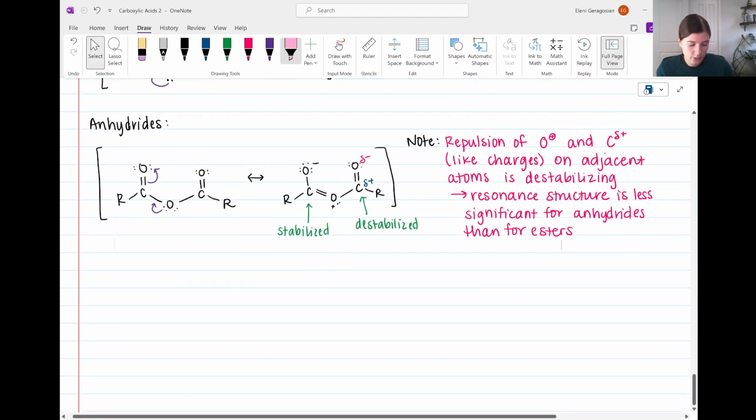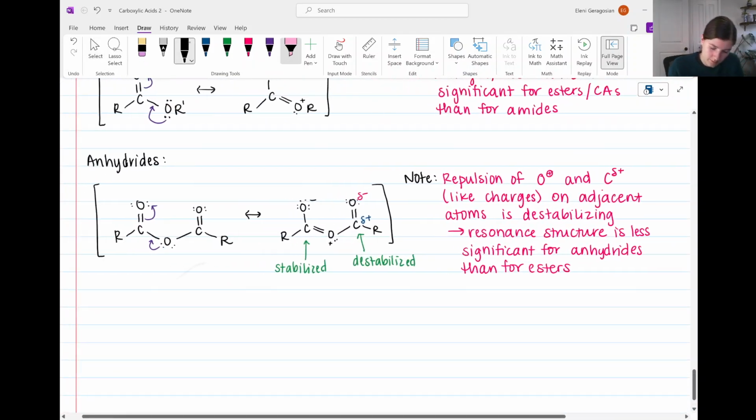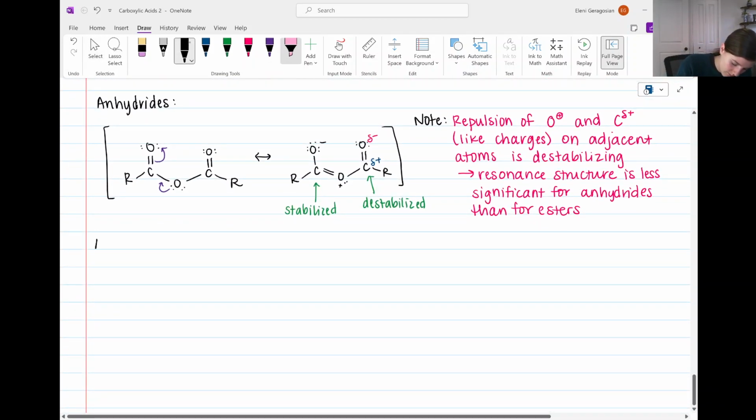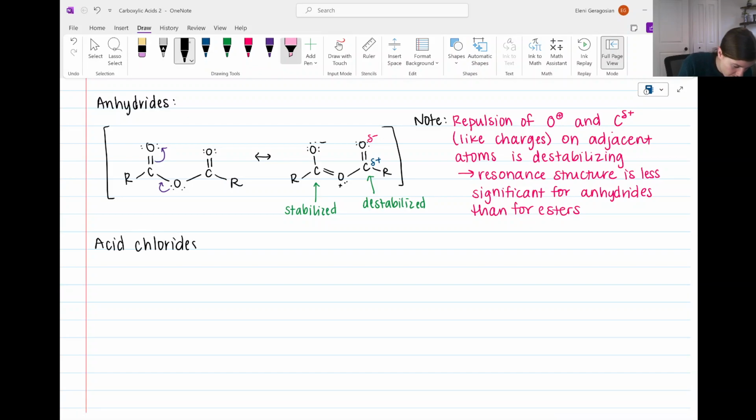Okay, now let's look at our last group, the acid chlorides. Drawing resonance again, we have acyl group, carbonyl carbon bonded to a chlorine. So again, showing resonance here, the chlorine atom can donate electrons to that single bond towards carbon, and we break the pi bond.